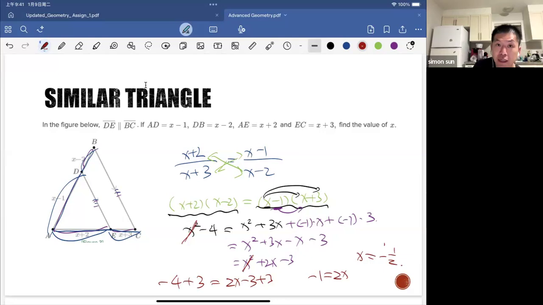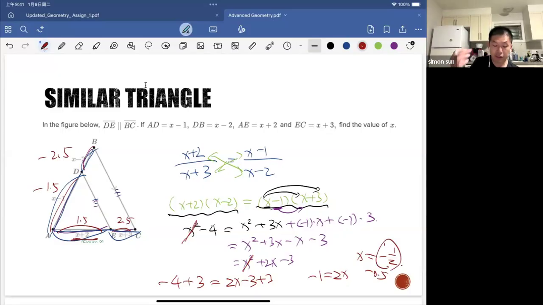Right? And you can plug in the numbers to check this. If you plug in the x value, treating it as negative 0.5, x plus 2 becomes 1.5 on the top, and this one becomes 2.5. On the left, this one becomes negative 1.5, and this one becomes negative 2.5. Look at the ratios.